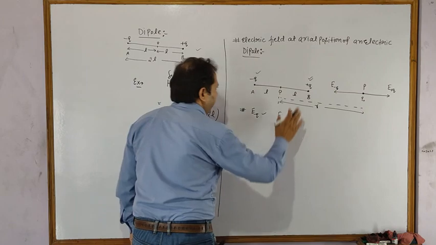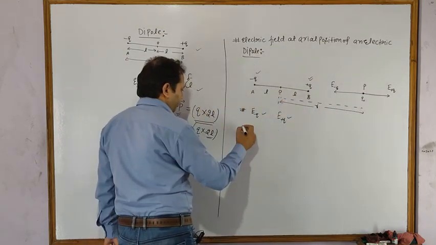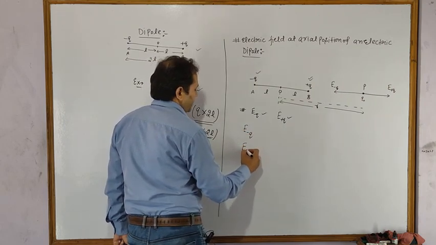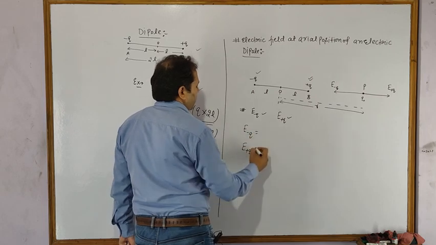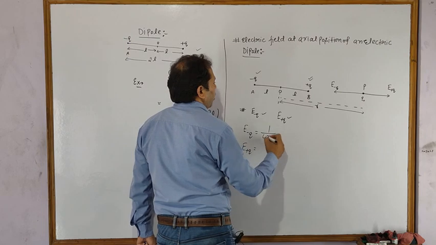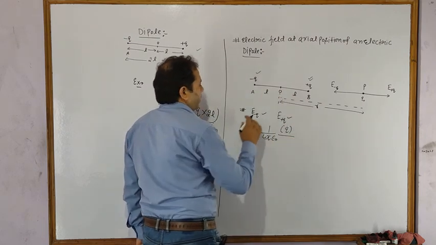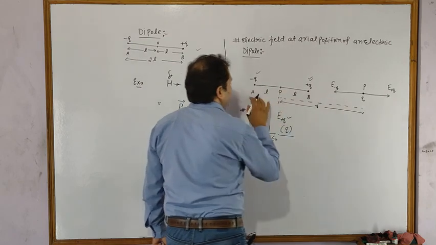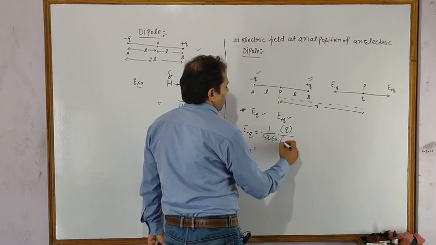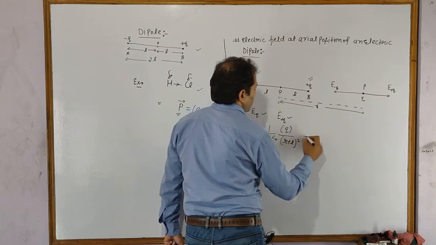Just write down the values of both electric fields, due to charge minus Q as well as due to charge plus Q. That will be 1 upon 4 pi epsilon naught, Q upon the distance between A and P, that will be R plus L whole square.